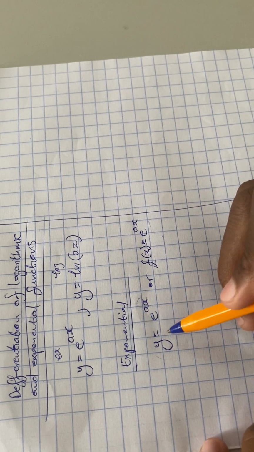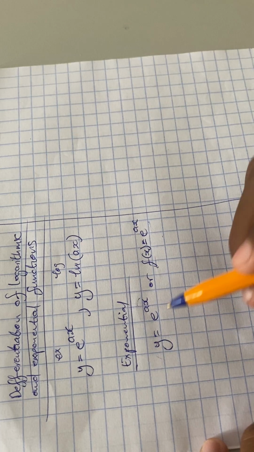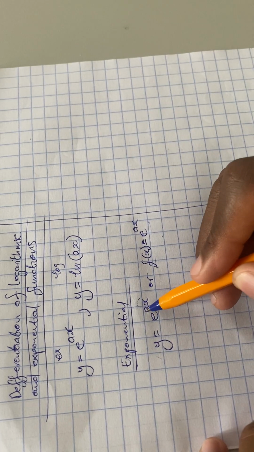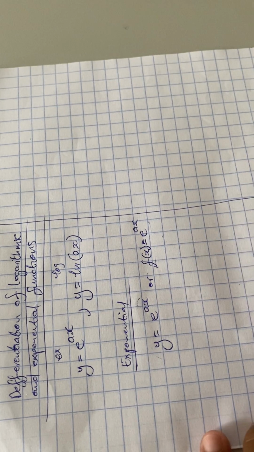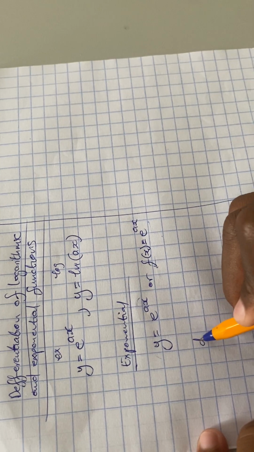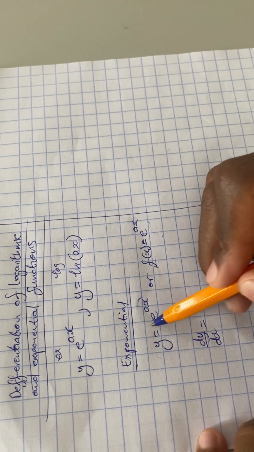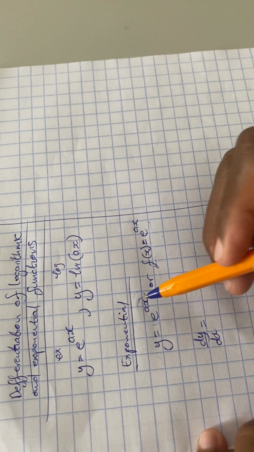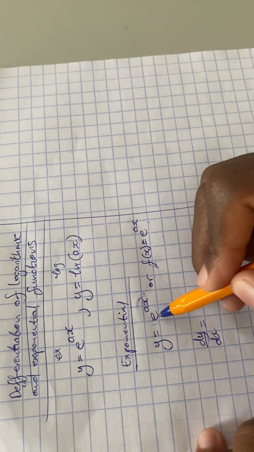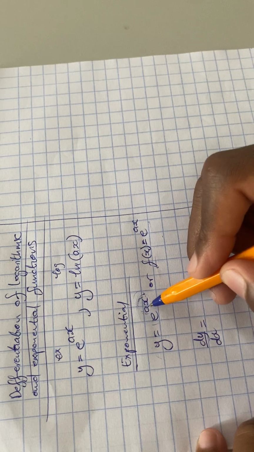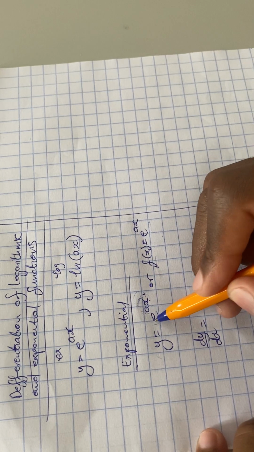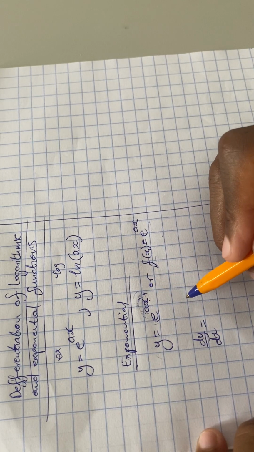So now finding the first derivative of y is equals to e to the power ax. We are saying the first derivative dy dx of an exponential function like this one is going to be the derivative of the power multiplied by the function itself, right?